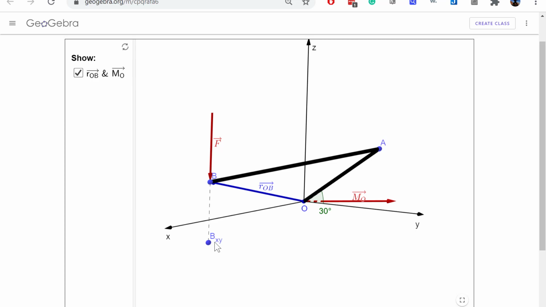Okay, so one thing to pick up here is that in three-dimensional moments about a point, we could end up with up to three dimensions of the moment around that point. And fundamentally what this is, if you hold up your right hand, make it into kind of a thumbs up, curl in your fingers, point your thumb along that red vector, moment about point O, your axis is your thumb, and the rotation goes in the direction of your fingertips.